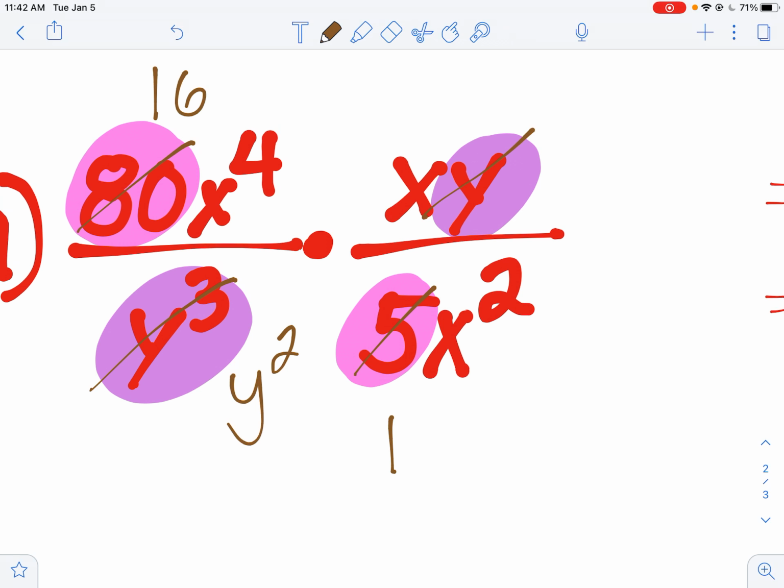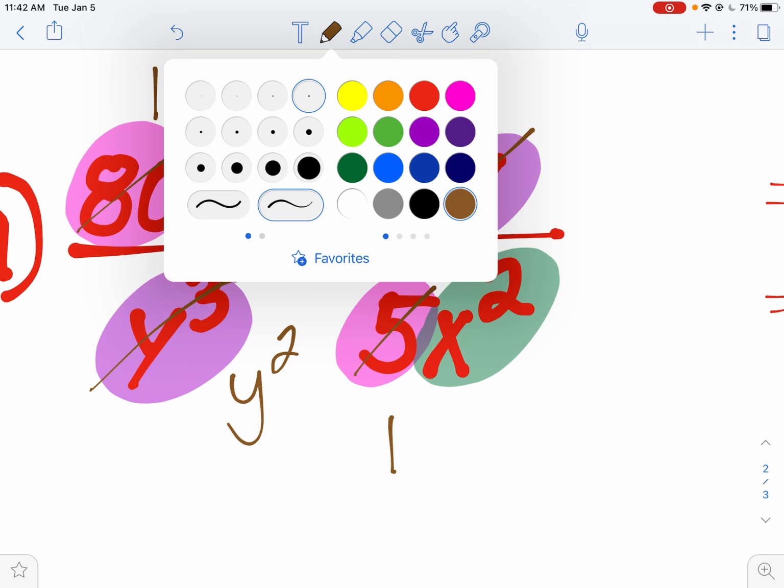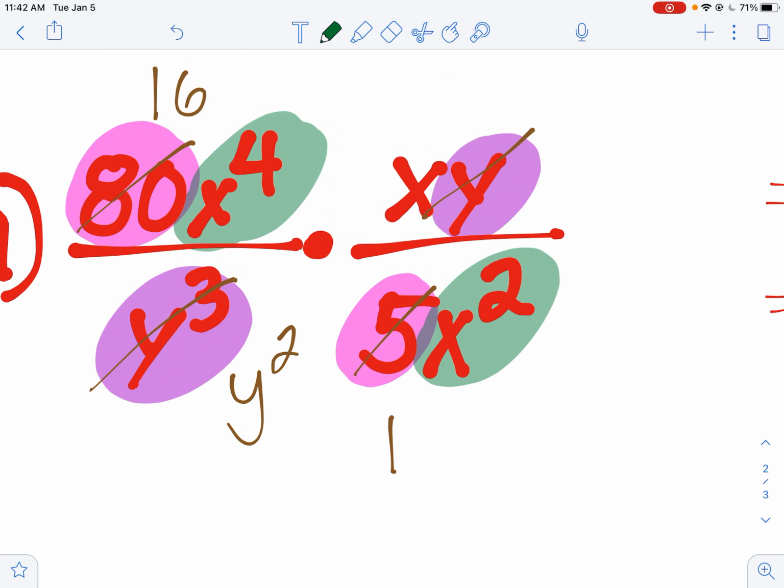And then I'm still left with x to the fourth. I'll do this in green. Got x to the fourth up here. X to the second down here. Again, cross-simplify. Why not? Get it out of the way before the very end. So x to the fourth over x to the second, I can simplify that to x to the second.